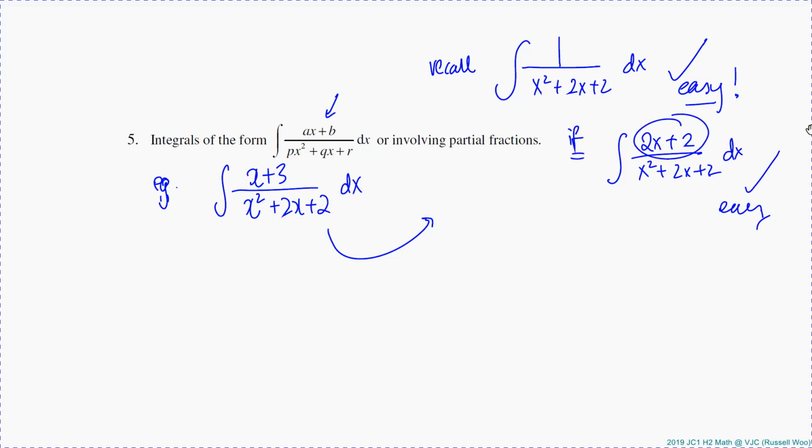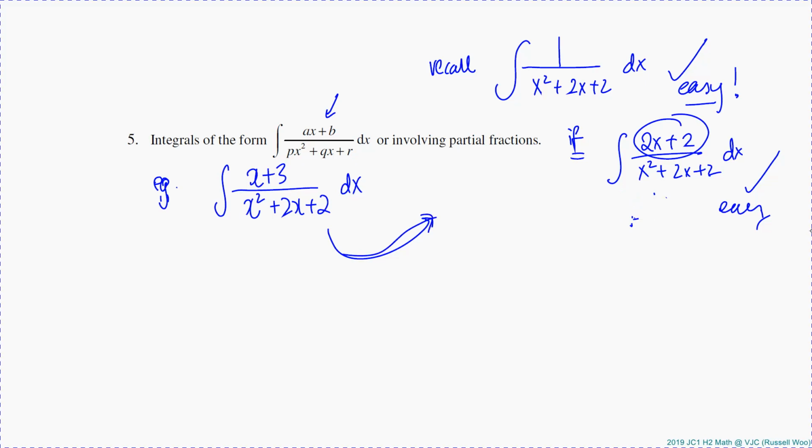If the numerator is not x plus 3, the numerator is 2x plus 2, it is also easy. Why? Because it's of the form integrate f prime x over f x. So we are going to make use of these two ideas, these two easy things, and going to put it here. How to solve this one?